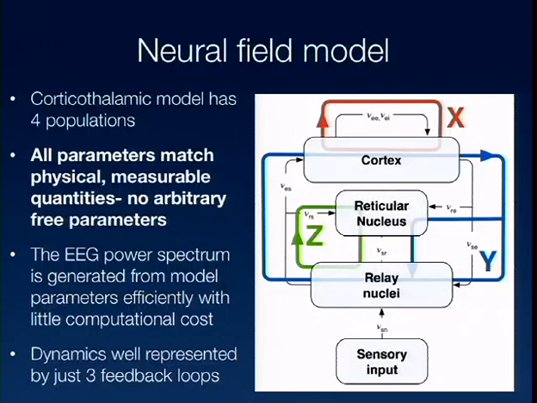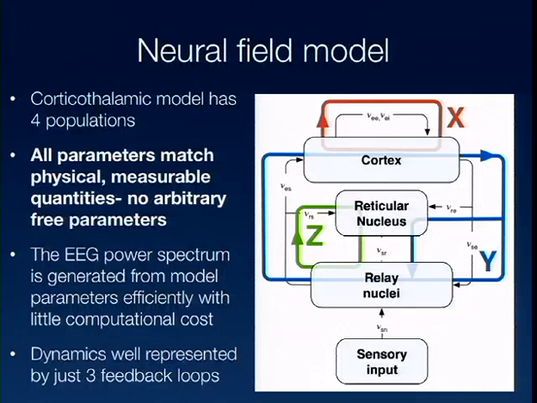And so this loop parameter y is effectively measuring the net contribution of the thalamus to the cortical activity. So there's this balance between excitation and inhibition. And then finally, we have a loop within the thalamus, just linking those 2 thalamic populations.